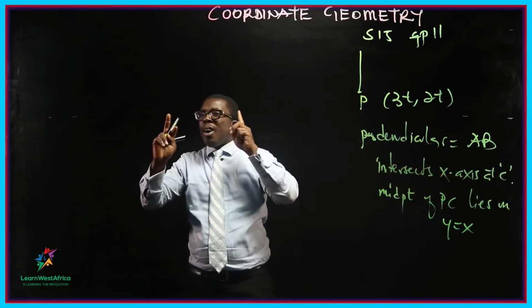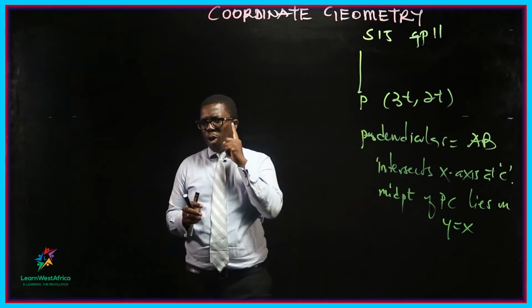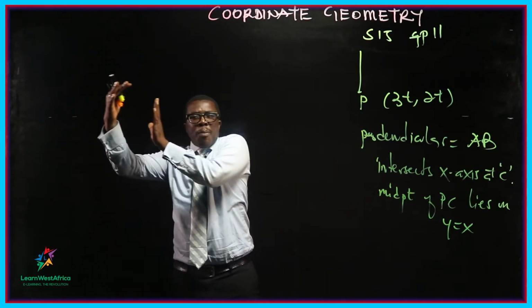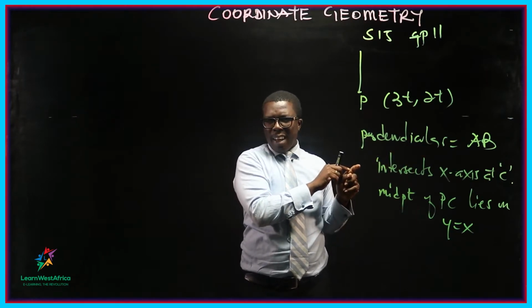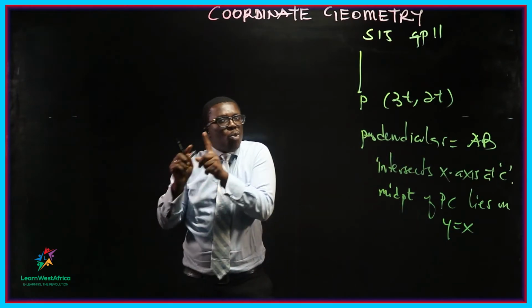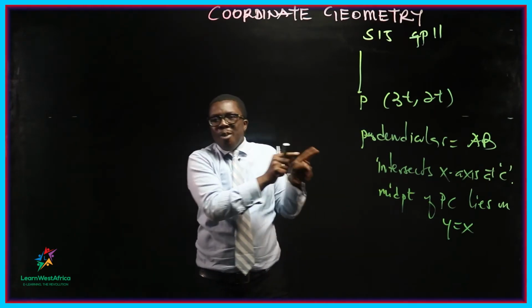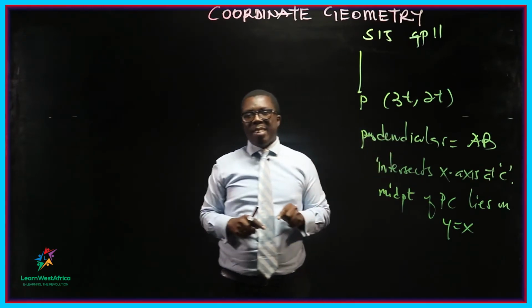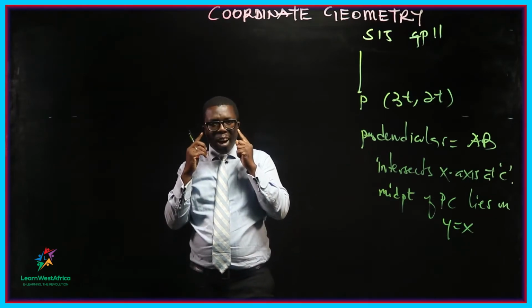So we can only find C if we know the equation of the perpendicular. Hope you understand that. Because it is that perpendicular that goes to intersect the x-axis. Guys, hope you're following. If you don't know the equation of the perpendicular, how then do you find the point at which it intersects the x-axis? You get the reasoning? I'm sure you do.